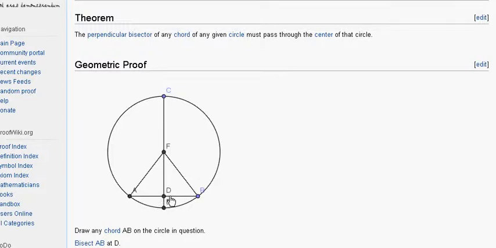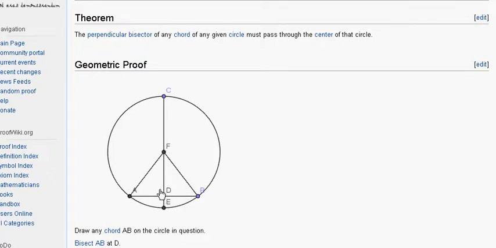Now we have to prove that angle FDA is 90 degrees, as well as angle FDB. Then only it is going to be the perpendicular bisector, because D is the midpoint. In this we know that FA and FB are radii, so they are equal, and AD and DB are equal because D is the midpoint, and FD is common.